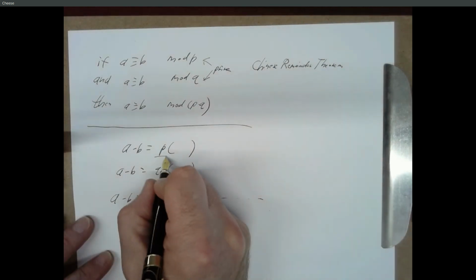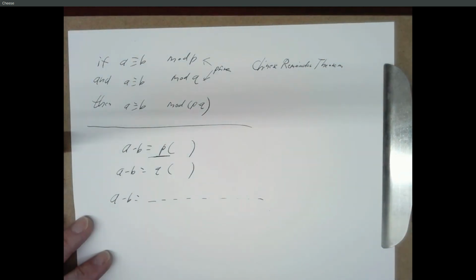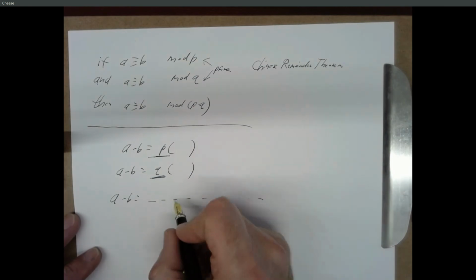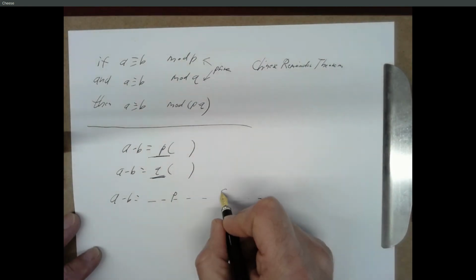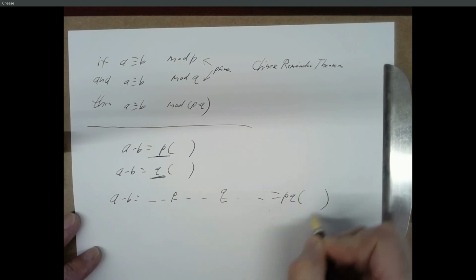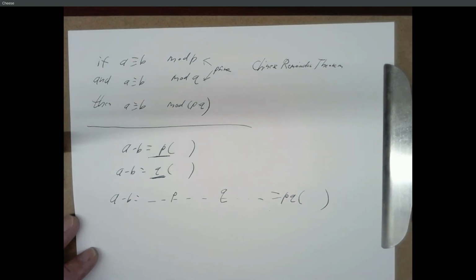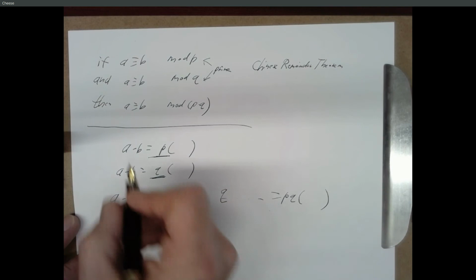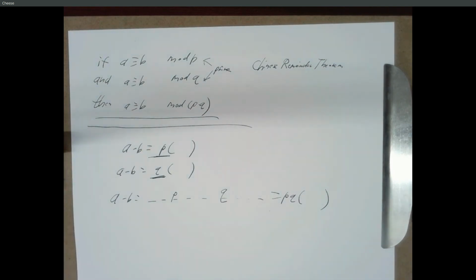Well, this tells us at least one of those primes has to be P, and this tells us at least one of those primes has to be Q, because P and Q are both prime. So A minus B will be something times at least some P times something times at least some Q, which means it's PQ times all the other factors. So this particular consequence of the Chinese remainder theorem we get just from unique factorization of primes.